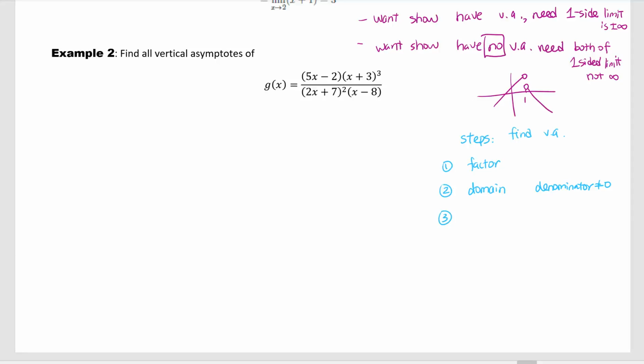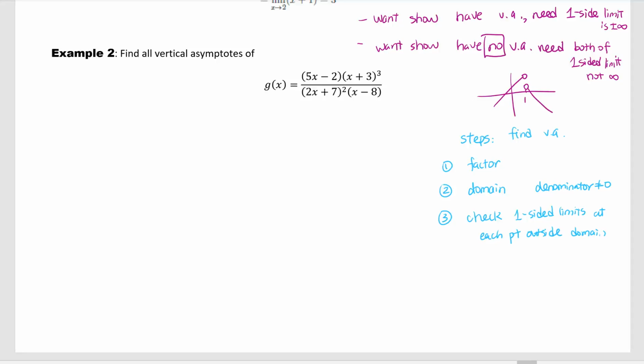And then third step, you want to check the one-sided limits at each point outside of your domain. You find your domain, and then you check one-sided limits at each point outside of the domain.